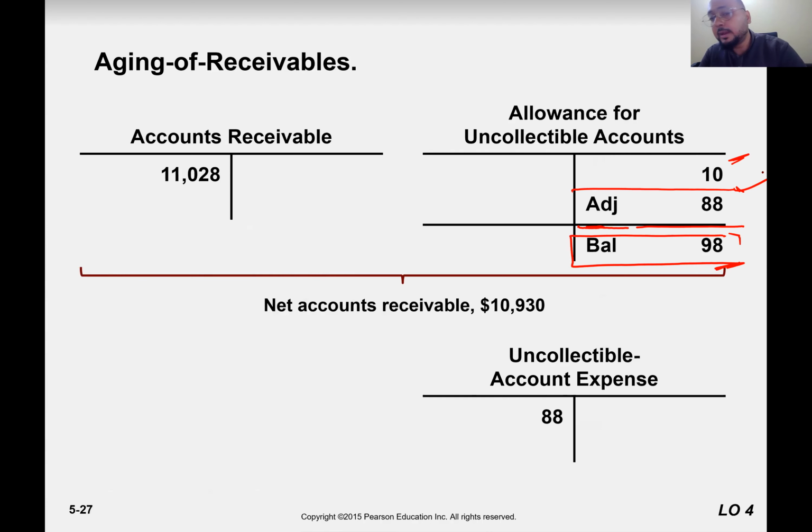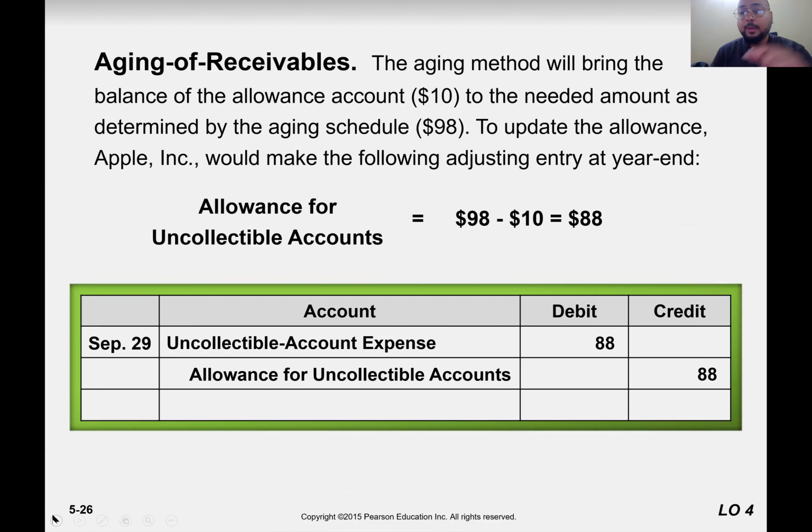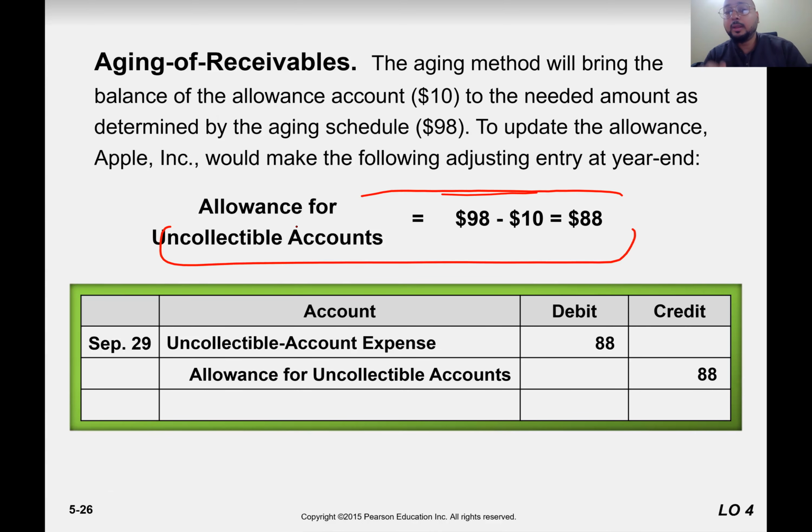How do you find out the 88? 98 is the balance, minus 10 is the previous year account. So 88 this year is the expense. So the entry would be the same: uncollectible expense to allowance for uncollectible, right?